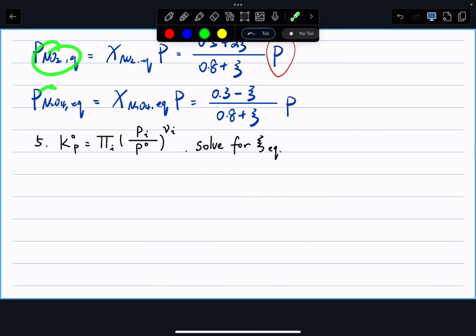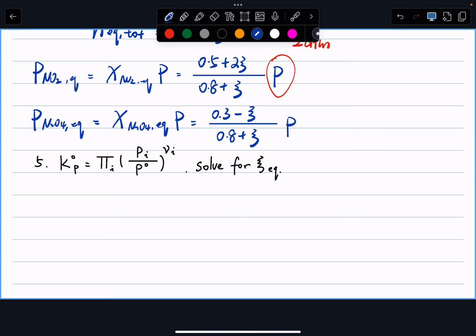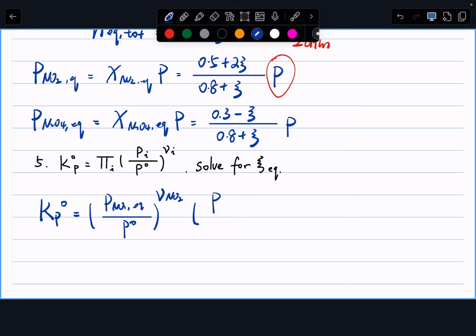So plugging these two numbers in, we have my Kp naught equals P NO2 at equilibrium divided by P naught to the power of its stoichiometric coefficient, times the partial pressure of N2O4 at equilibrium over P naught to the power of the N2O4 stoichiometric coefficient.